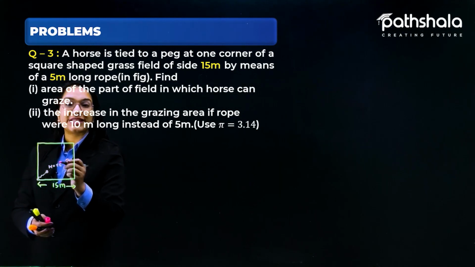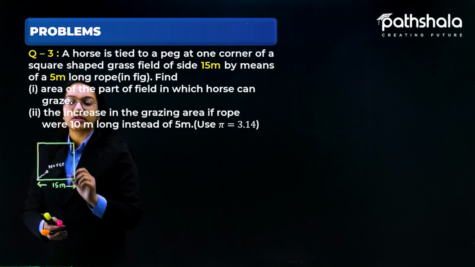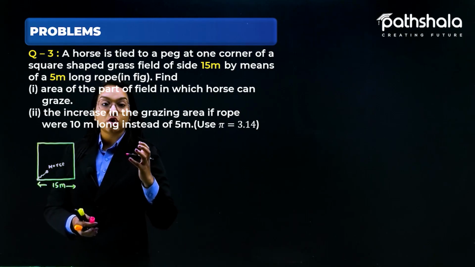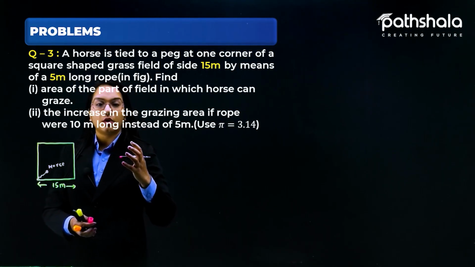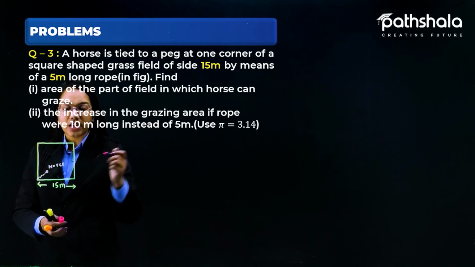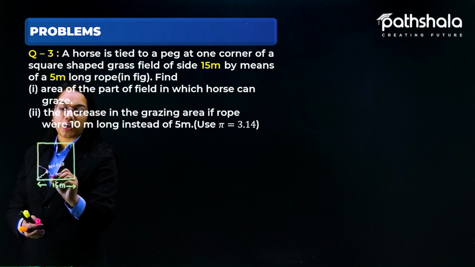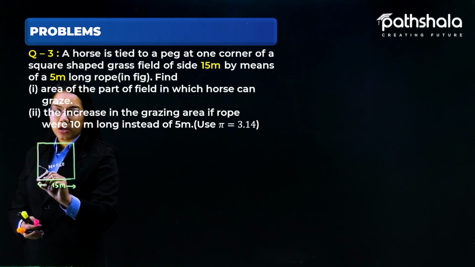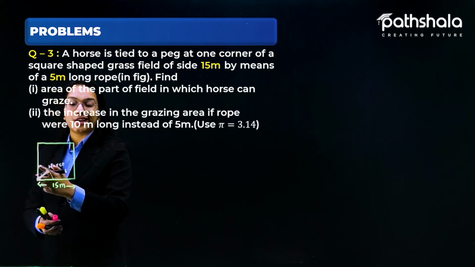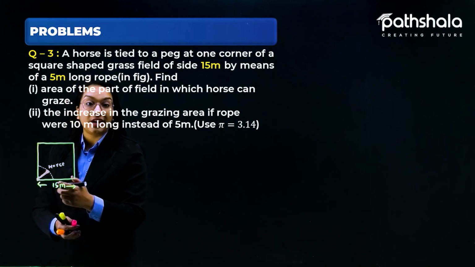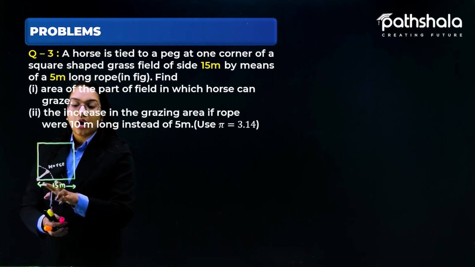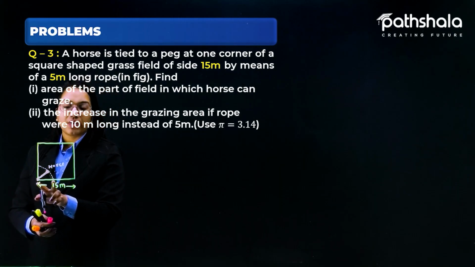Since you can see over here, it is quite obvious that if we are talking about the part of the field which is grazed by the horse, then the horse can graze only this much of the field if the rope is strictly straight. It means we are working with a quadrant of a circle, this particular sector.